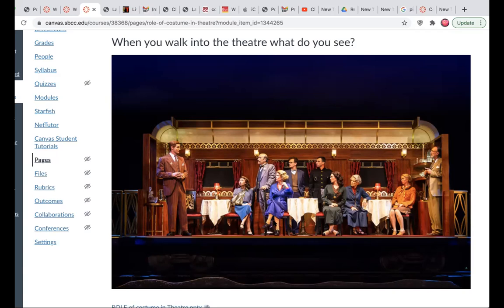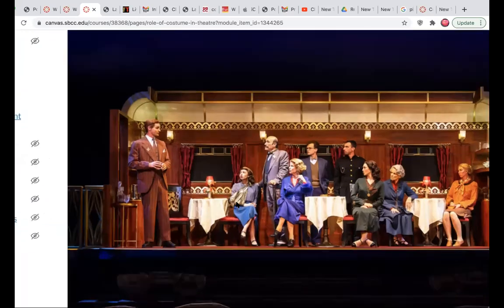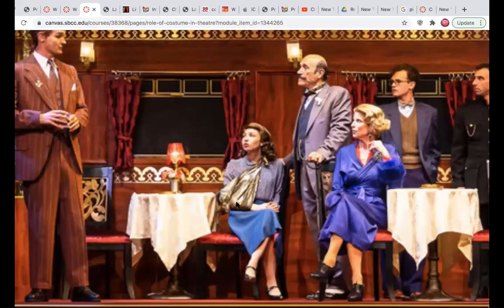The guy in the suit on the far left looks like a business guy, but the woman who sits at the table close to him might be in day clothes or she could be in more secretary clothes. It's kind of hard to tell because the image isn't blown up as much, so I can't really see exactly what she's wearing.